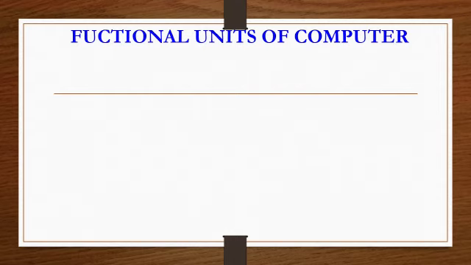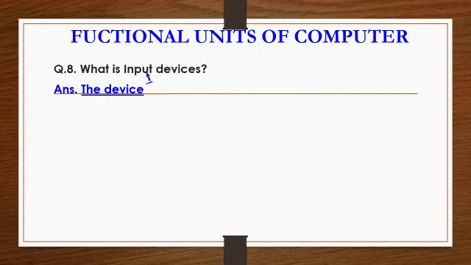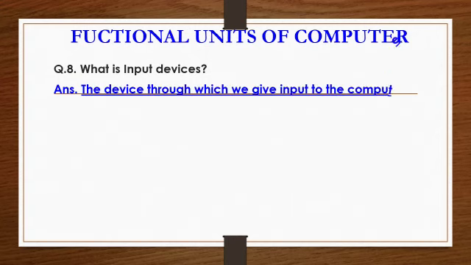Now the question number 8. What is input device? And answer is the device through which we give input to the computer. Question number 9. What are the 3 basic operations of computer?